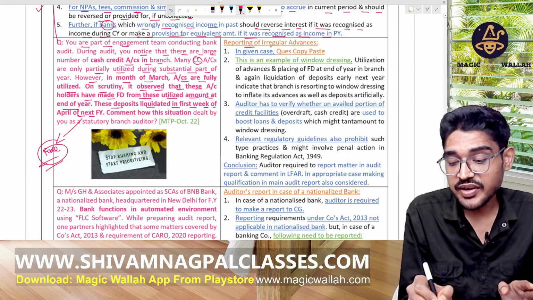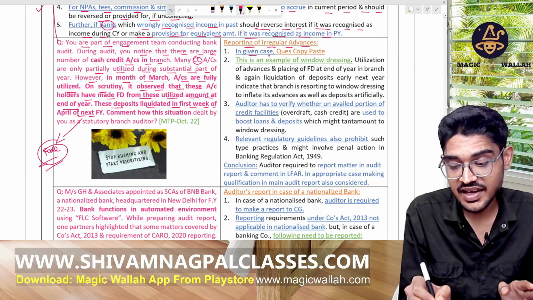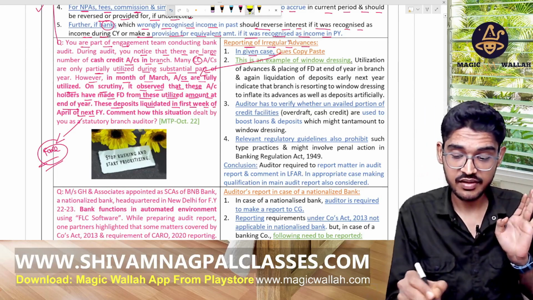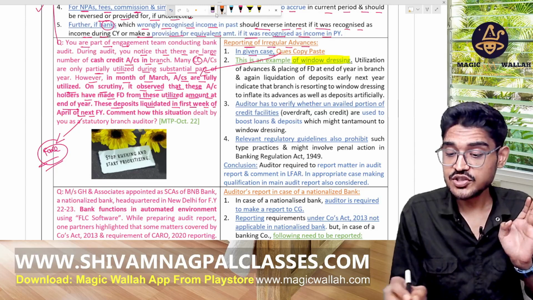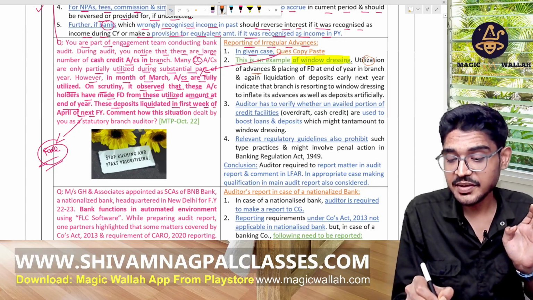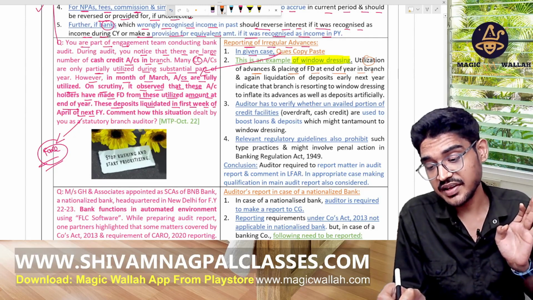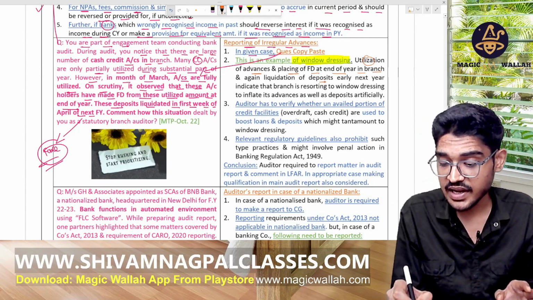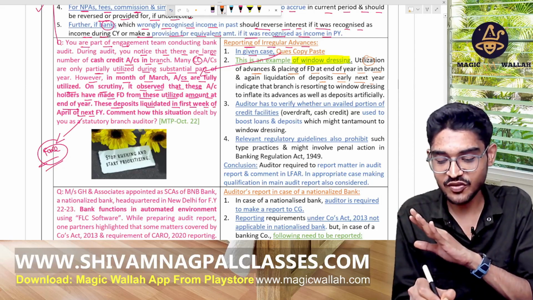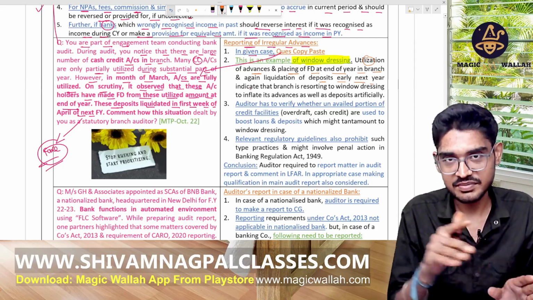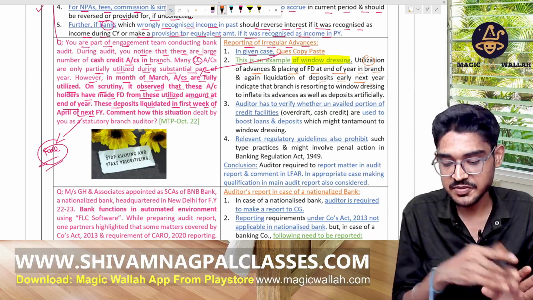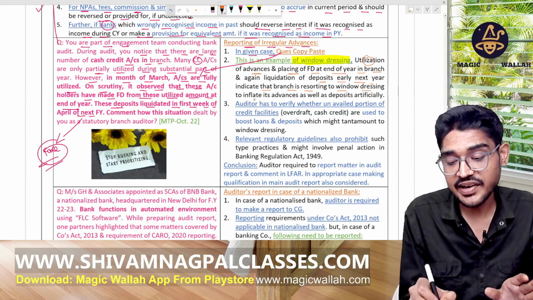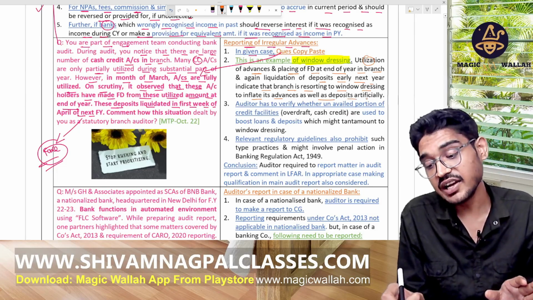So, reporting of irregular advances. In the given case, this is the example of window dressing. Utilization of the advances, placing of FD at the year end in the branch, and again the liquidation of the deposit at the beginning of next month, indicate that the branch is resorting to window dressing to inflate its advances and deposits artificially.